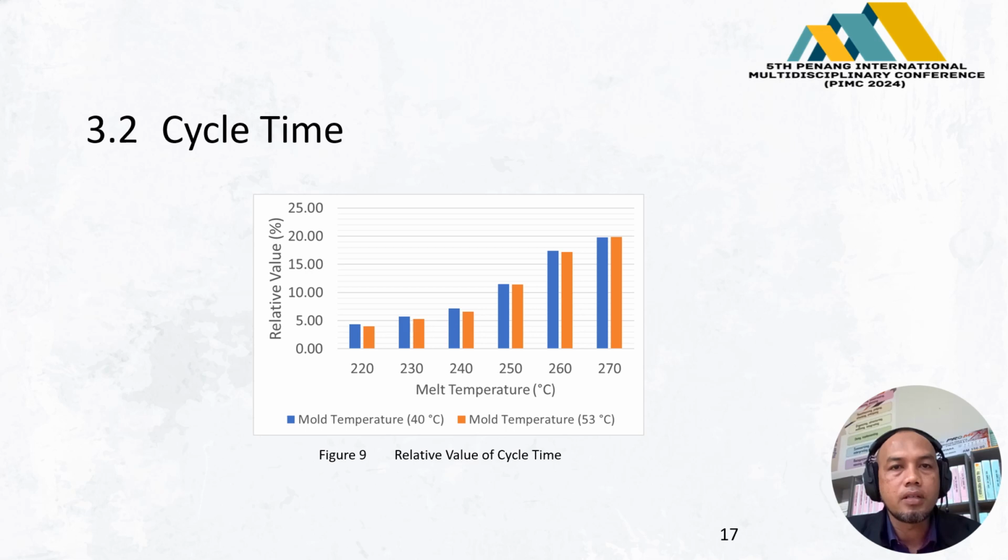Additionally, the highest relative value, nearly reaching 20%, occurs at a melt temperature of 270 degrees Celsius. It is important to highlight that compared to the relative deflection value, cycle time exhibits the most significant sensitivity to variation in melt temperature.